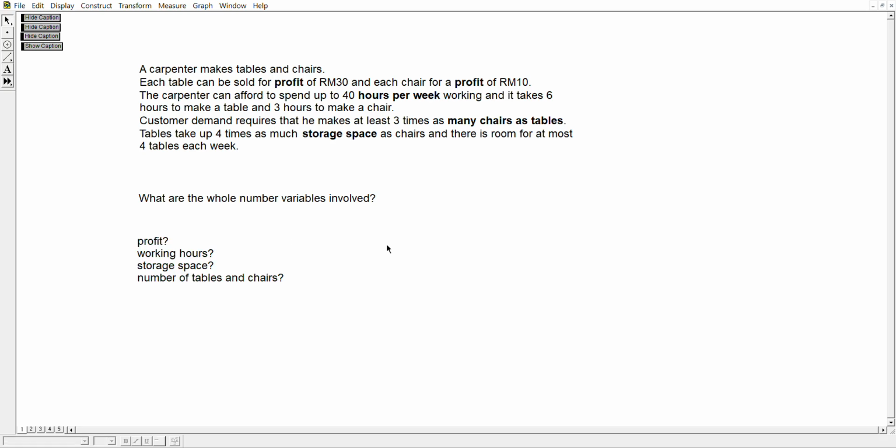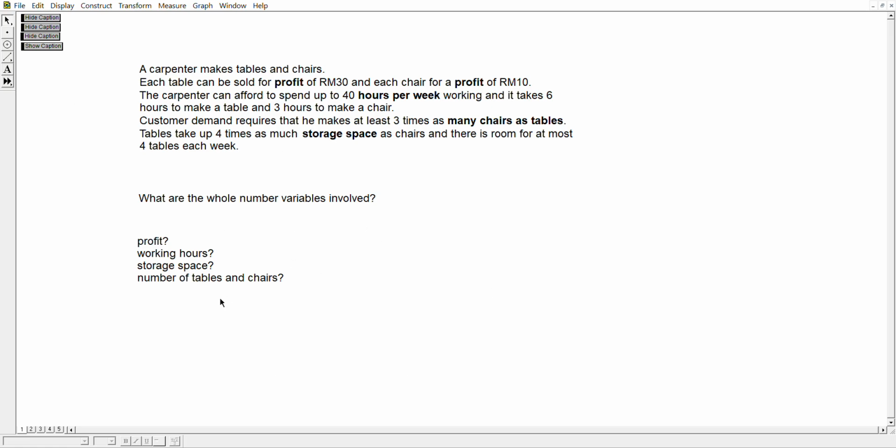Over here we have profit, working hours, storage space, number of tables and chairs. Of these factors, what are the variables? What are the things that are changing that we need to find?